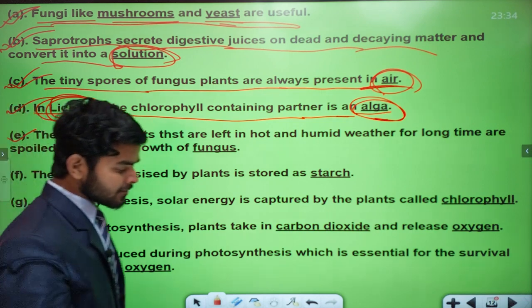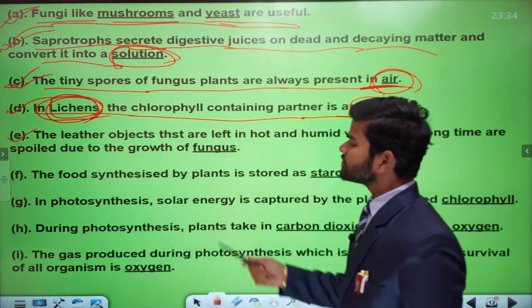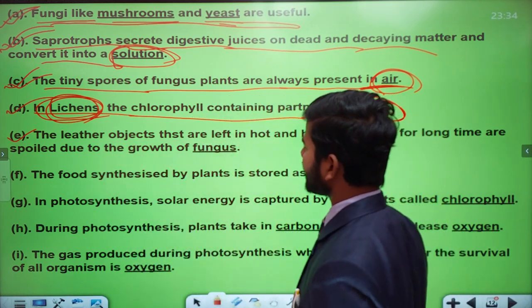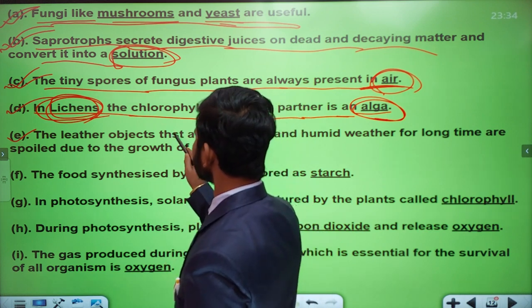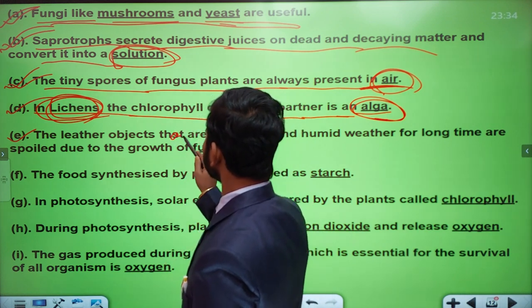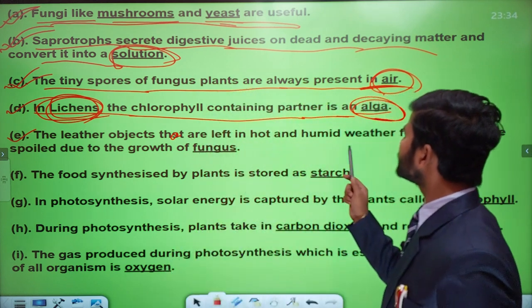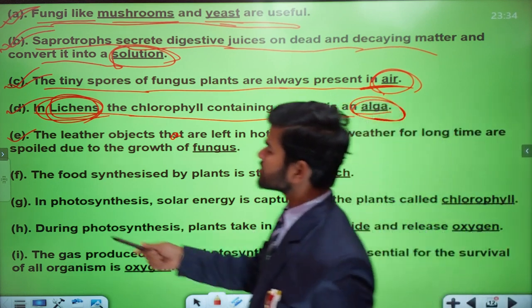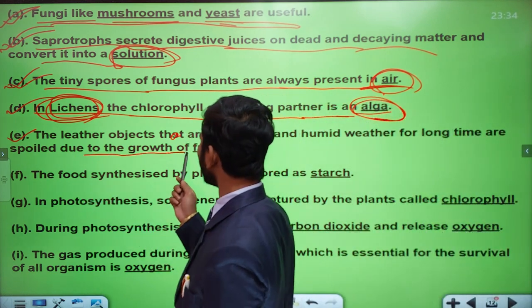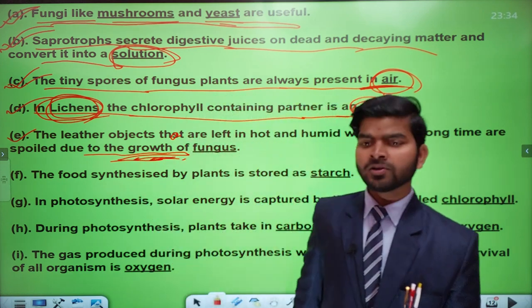Question number E. Leather objects that are left in hot and humid weather for a long time are spoiled due to growth of fungus.